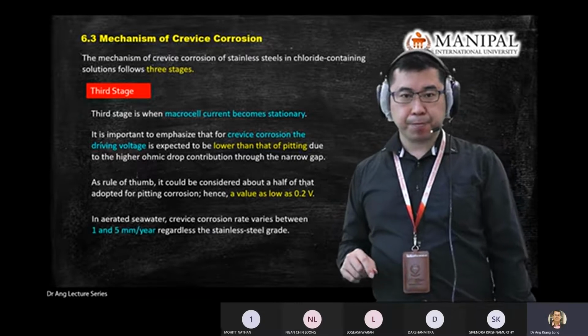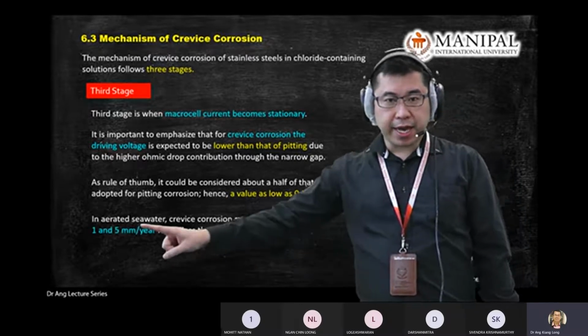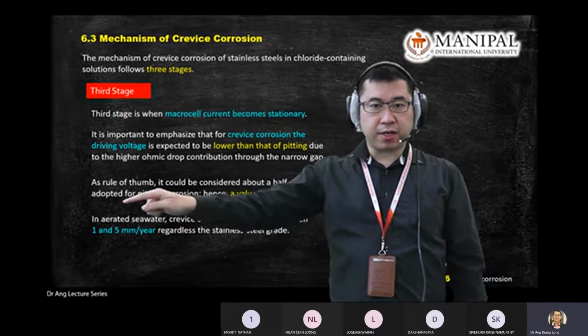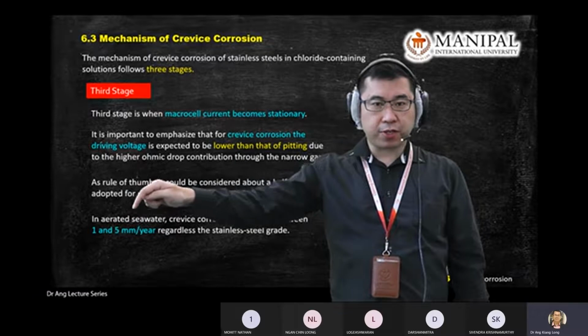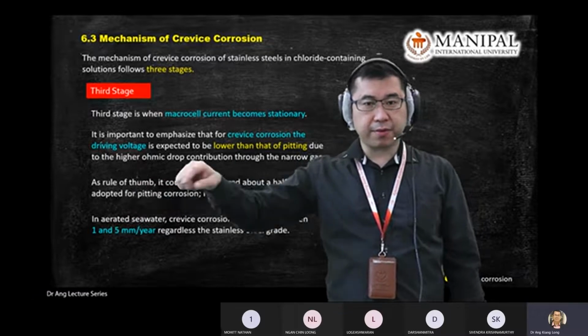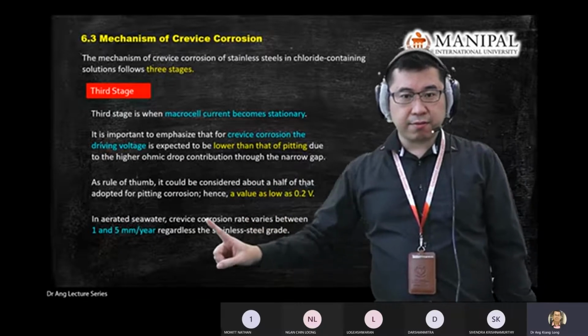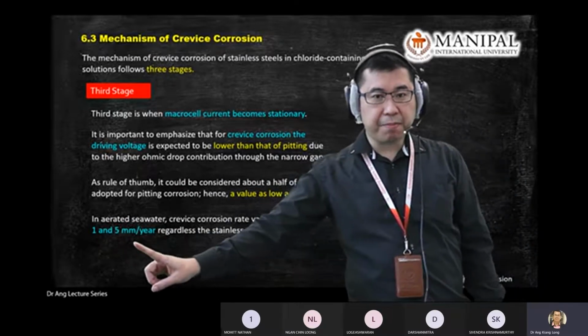And in aerated seawater, if you dip the stainless steel in the full oxygen seawater, aerated means you have oxygen inside, the crevice corrosion rates can go between 1 to 5 mm per year.